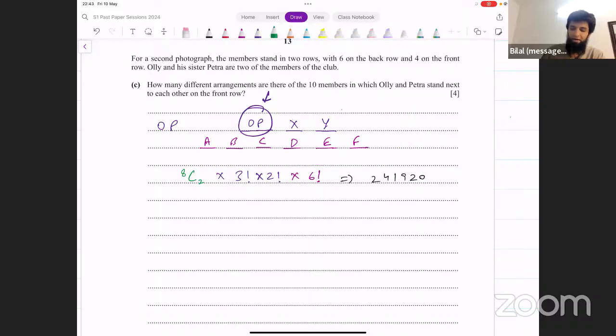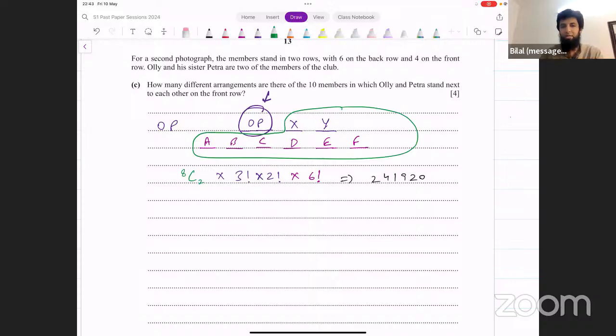If you do 8 factorial, your assumption is that O and P are going to be here in this first place, and the remaining 8 places are these 8 places, and in those we can arrange the remaining 8 people. That does not make sense, because these 2 can also switch places with the other 2 people. Right?